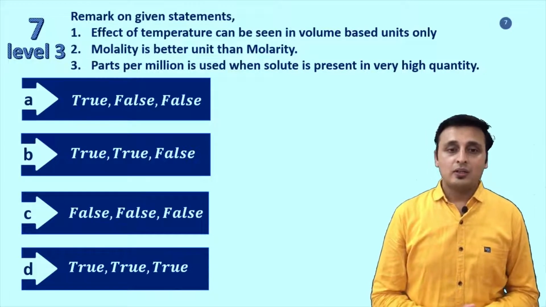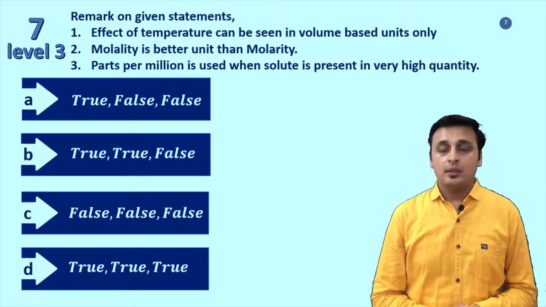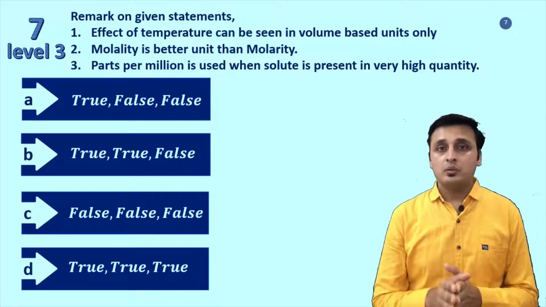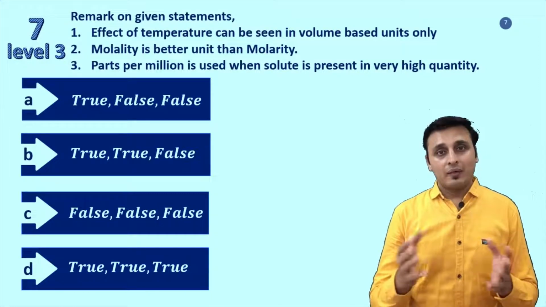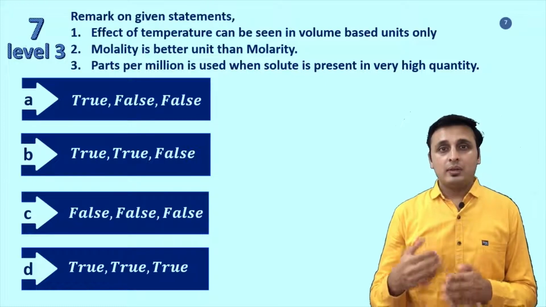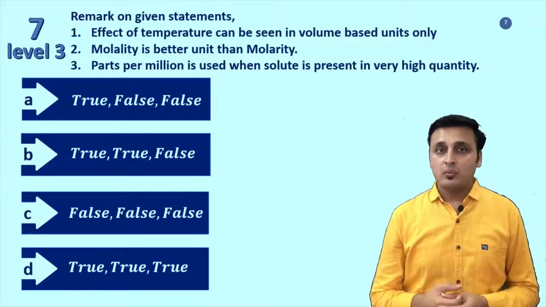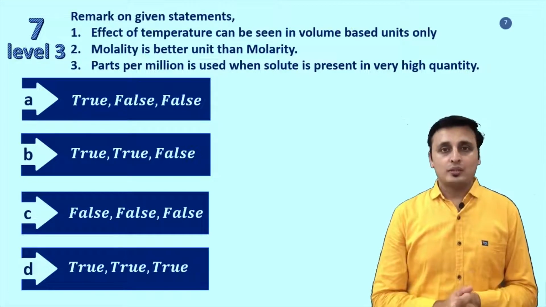Number 1. Effect of temperature can be seen in volume-based units only. Definitely, effect of temperature can be seen in volume-based unit only because when temperature raises, the volume of any of the state of matter will be raised, and therefore, whenever it is applied, the concentration formula will be changed. So the first statement is a true statement.